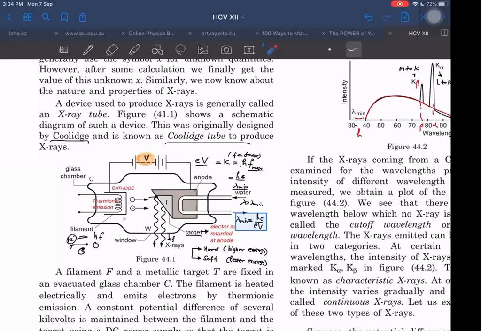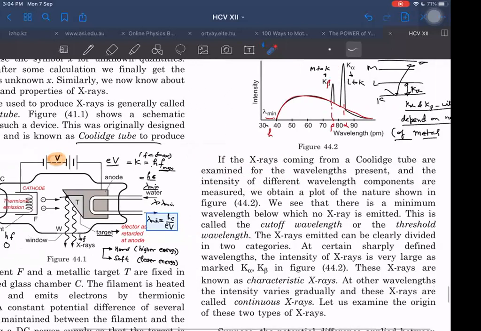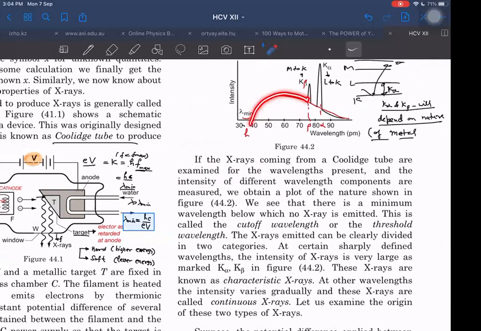How do the electrons emit X-rays? By losing energy. How do they lose energy? By retardation. How do they retard? By suffering multiple collisions, one after the other, or sometimes a single head-on collision. What kind of X-ray curve do we obtain if I plot intensity versus lambda? This kind of curve. What are those two peaks referring to?